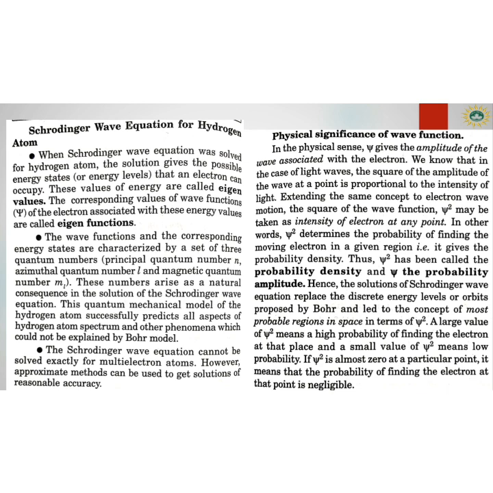That means when we solve the Schrödinger wave equation, which is a differential equation, you will learn about differential equations in class 12. Just as you get values when you solve a quadratic equation, when a differential equation is solved in calculus, you will get some values. Those values are actually the quantum numbers. If you solve different wave functions, you get three quantum numbers: one is the principal quantum number n, another is the azimuthal quantum number l, and the other is the magnetic quantum number m.